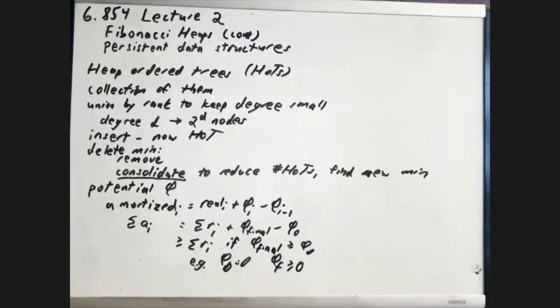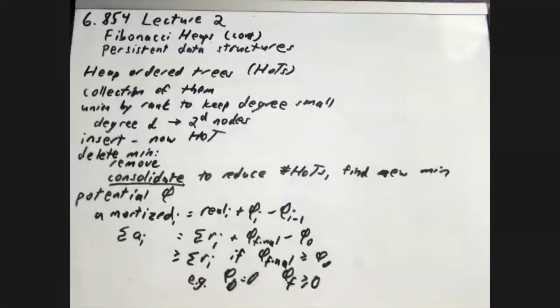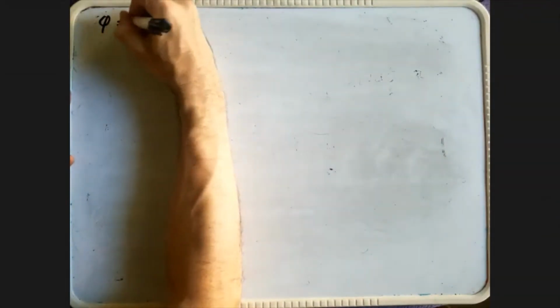Right? So we define this notion of a potential function and used it to define an amortized cost. And if we use the right kind of potential function, then the total amortized cost of a series of operations upper bounds the total real cost of that series of operations. And so we can declare that the total work that we did is upper bounded by that amortized cost. So for Fibonacci heaps, we define the potential to be the number of heap ordered trees in our data structure.